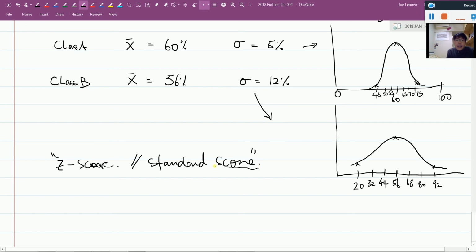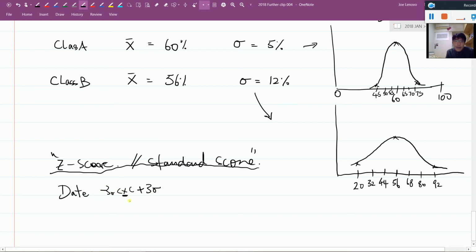It is highly related to the bell curve, because we know that most of the data will fall into +3 and -3 standard deviations right in the middle.